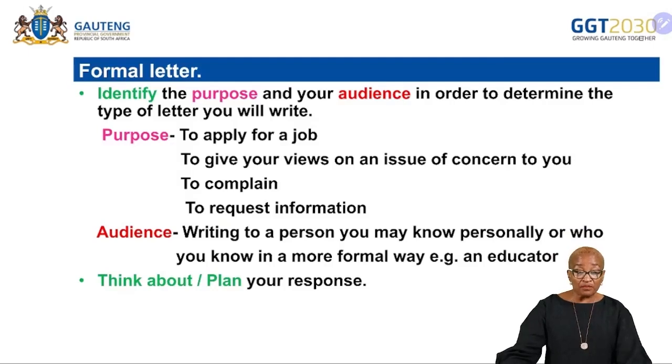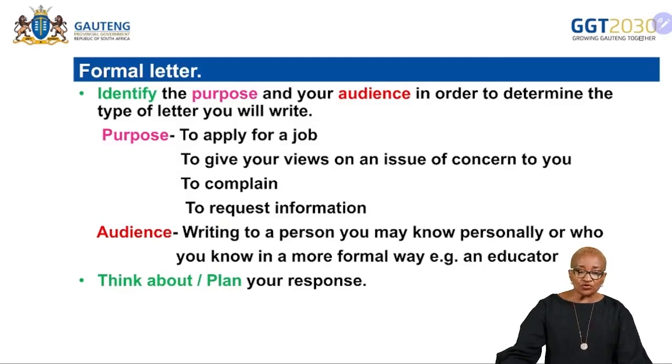What do we mean by the purpose? That can be applying for a job, to give your views on an issue of concern, to complain, or to request information. Your audience would be people you may know personally or who you know in a more formal way, e.g., an educator.